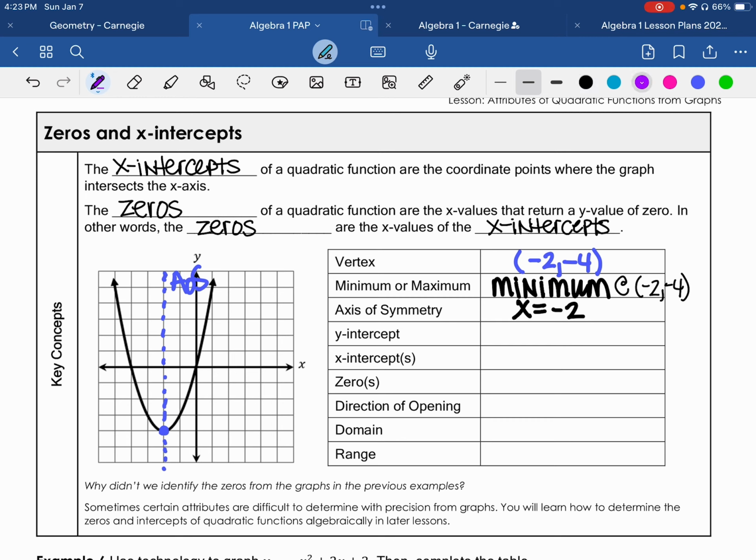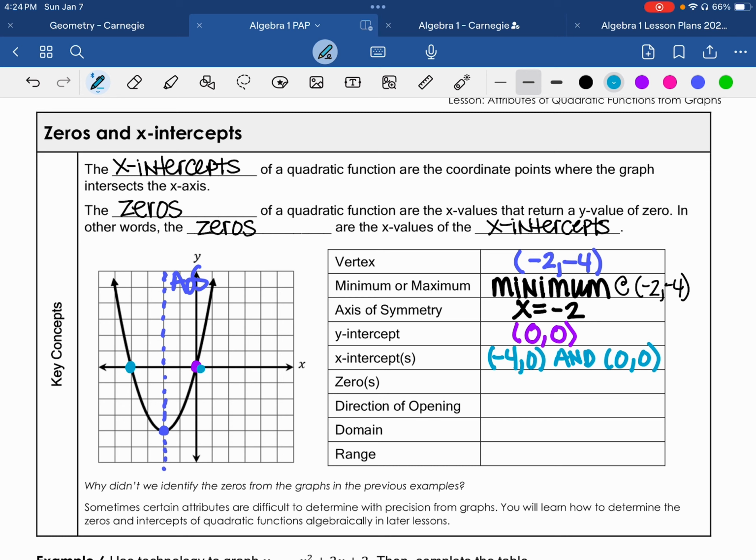My y-intercept is going to be this point right here, which is 0, 0. And my x-intercepts are going to be this one and this one. Yes, there are 2. There's one at -4, 0, and there is one at 0, 0.